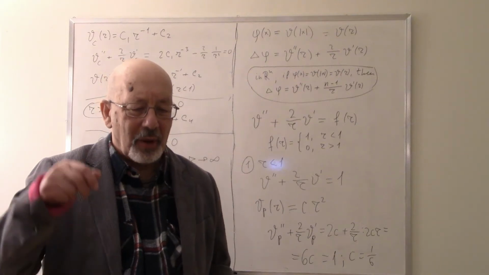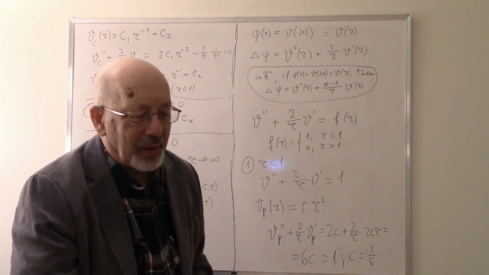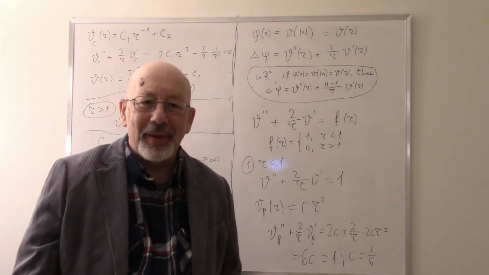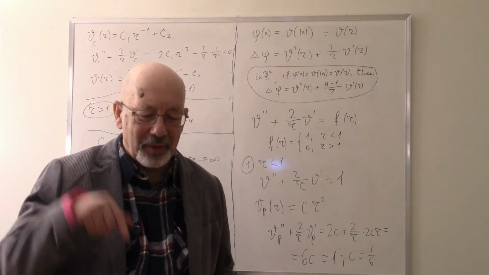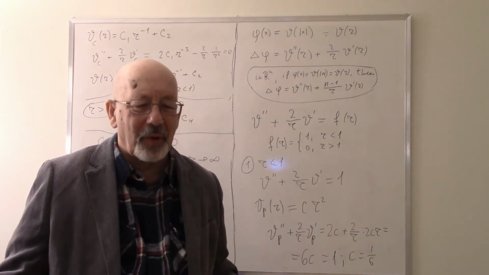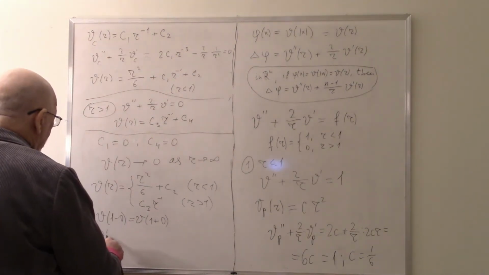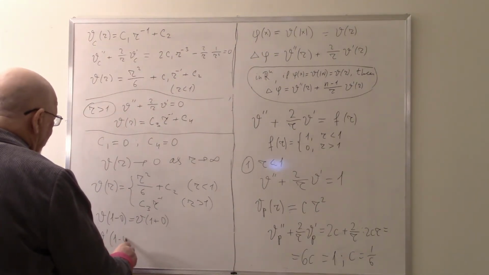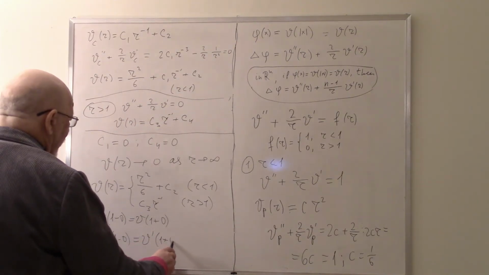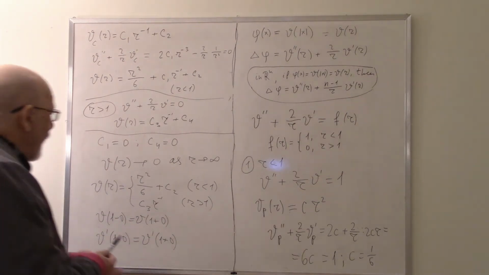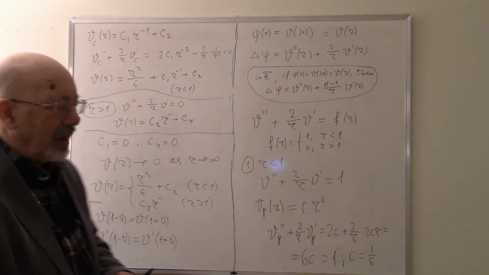Yes, if you take a pail and descend it into the well, the weight of this pail does not change when you cross the surface of the earth. So this means that V prime of 1 minus 0 equals V prime of 1 plus 0. So we have these two conditions.